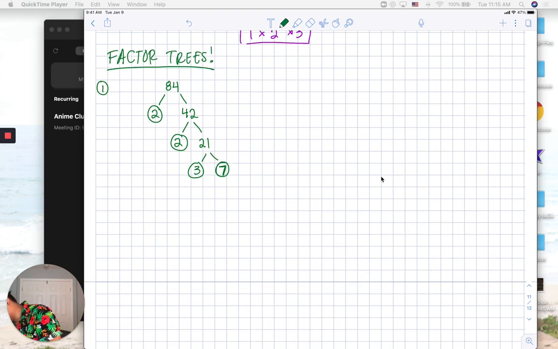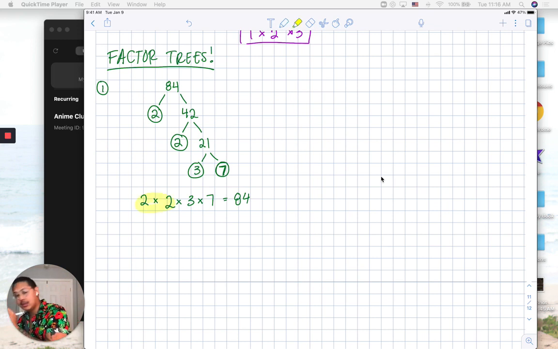So let's take a look. I have a 2. I have another 2. I have a 3. And I have a 7. When I multiply these together, it should equal 84. If it doesn't, double check your work, please. Okay? Now I need to ask myself, could I rewrite this using exponents? Do I have any repeating factors?